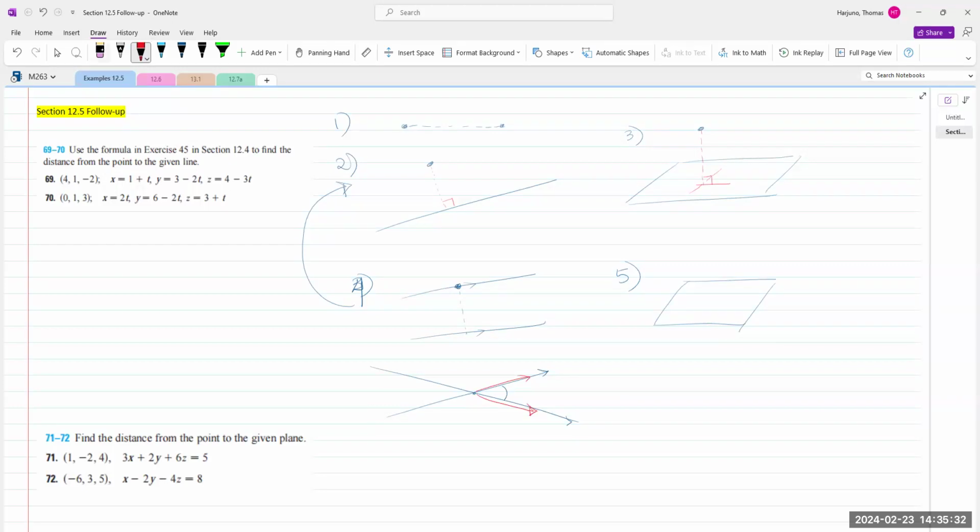Now, the one I think I will focus on is this last question, where we have two parallel planes, which means the two lines may be on two planes that are parallel, right? And those two lines are skewed. So let's say one line like that, and then another line like this.